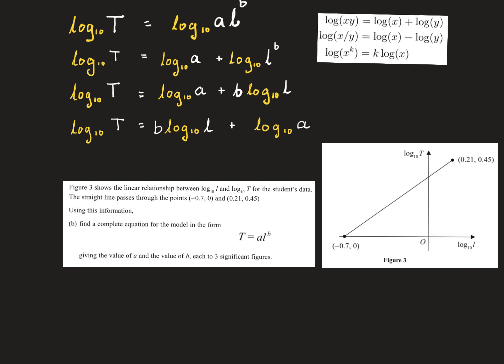If there is a linear relationship, then we can identify the various terms: log t must be y, b must be the gradient, log 10 l will be the x value, and log 10 a will be the intercept with the y axis.